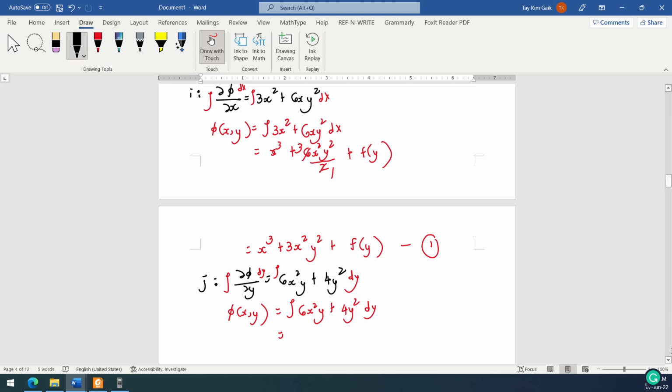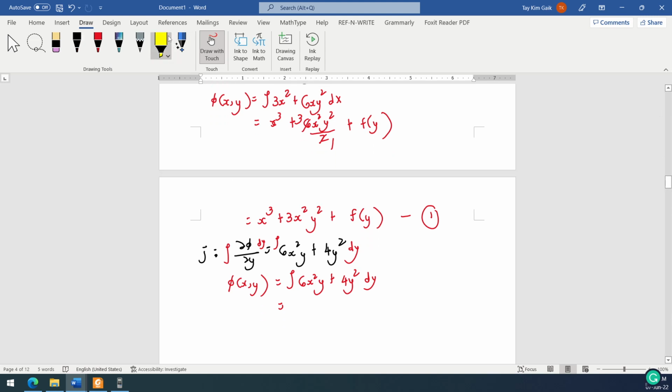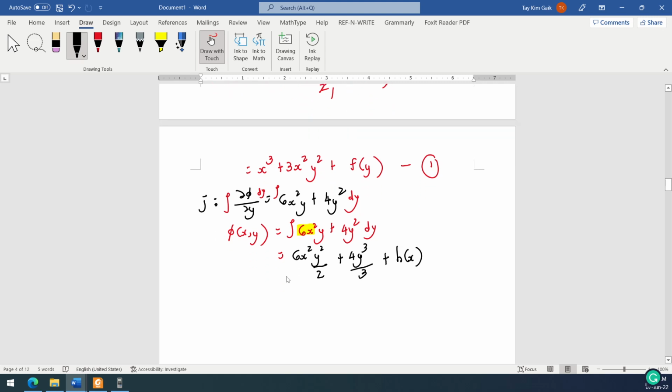When you integrate with respect to y, x is constant, so you have 6x squared times y squared divided by 2, and integrating 4y squared you have 4y cubed over 3, plus a function of x, which is a constant. Simplifying, you have 3x squared y squared plus 4 over 3 y cubed plus h of x. So this is equation 2.